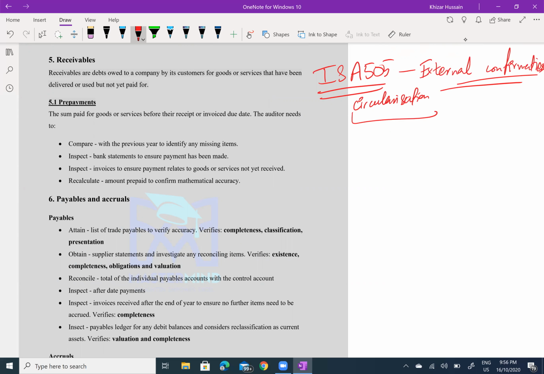So what you want to know is basically the balance that we have recorded should be the same as the company or the customer has on its accounts. Okay, you understand this? Preparing the external confirmation is the auditor's job. Remember this. It is our job to prepare the confirmation.